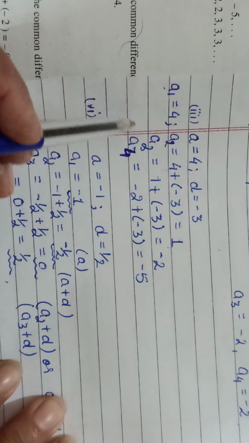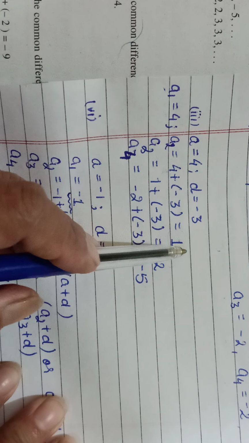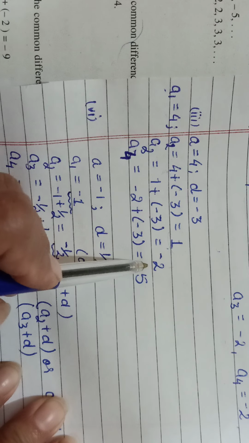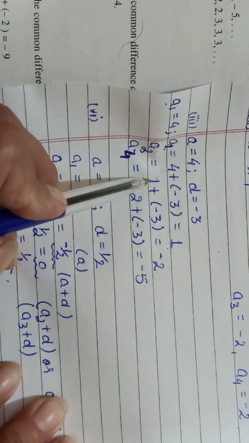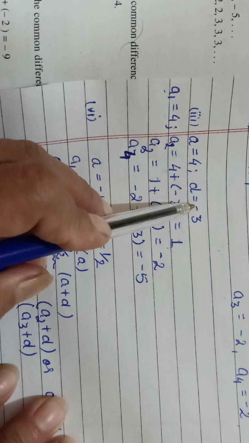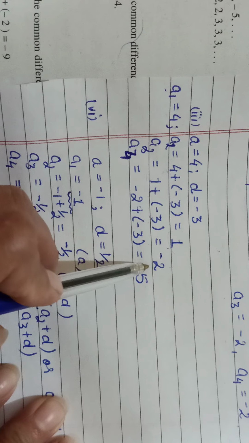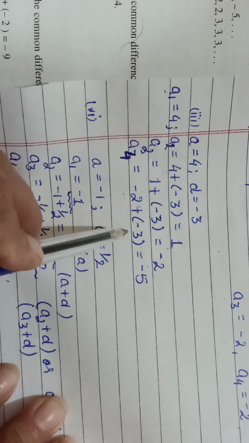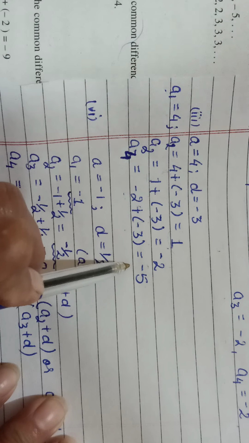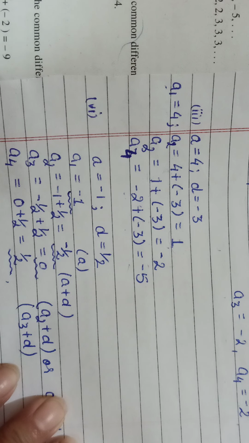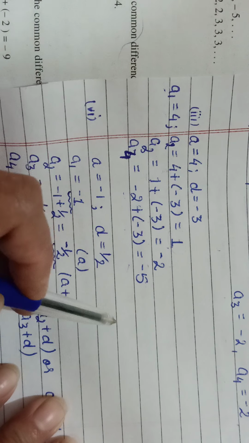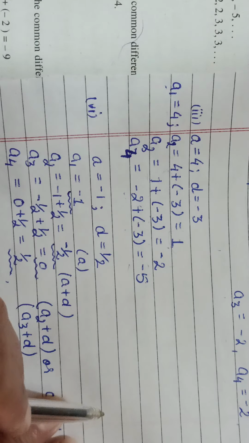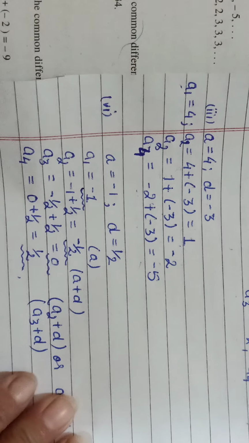Then for the next term, to this second term you add D again and you get the third term. So 1 plus -3, your difference, will give you -2. Now to this -2, you add -3 again, giving -5. Okay, so that is what you have to keep doing. Every term obtained plus the difference will give you the next term. That is what an AP is all about.